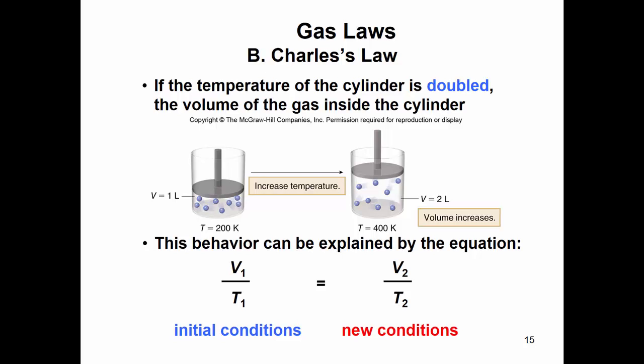As you heat gases, the volume increases because those gas molecules get further and further apart. So we can explain this in an equation of V1 over T1 equals V2 over T2. Volume and temperature, and the 1 stands for initial and the 2 stands for final.